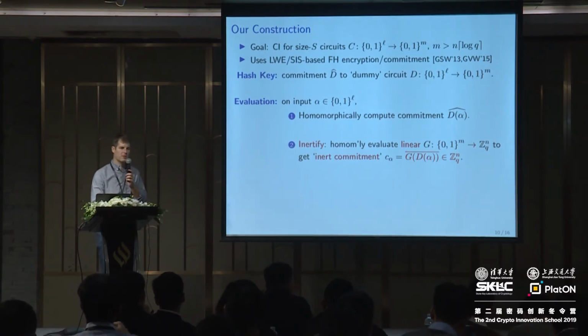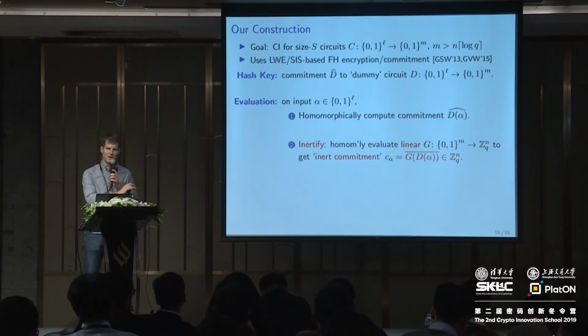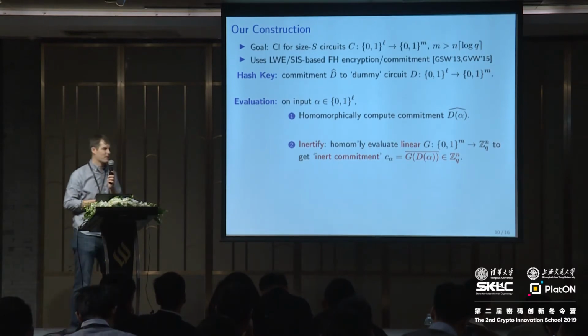So this is a commitment which has the same size as the value that it commits to. That's a rather unusual feature of a commitment scheme. In fact, maybe we shouldn't even call this a commitment at all, but it's an inert something. It has the same size as the hidden value inside of it.